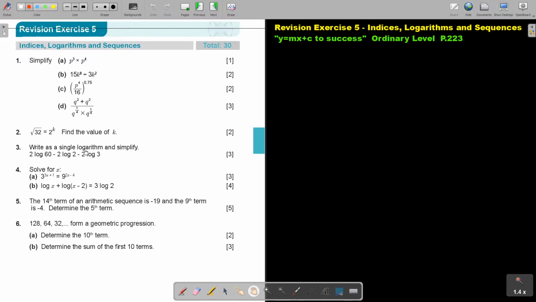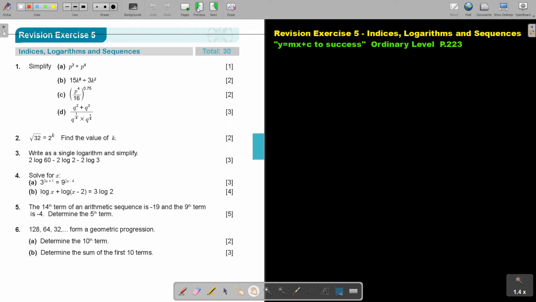Okay, it's better. So if I look at number 1a, this is just multiplication. Can you see that? The bases are the same, so I'm going to add the exponents: 3 plus 4, and it's going to be p to the power of 7.